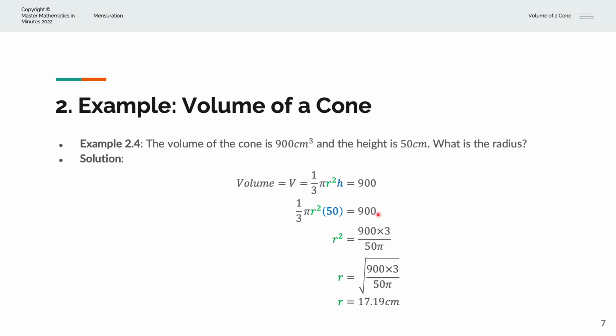We'll copy 900 down. So r squared is equal to 900 multiplied by 3 over 50 pi, and r is equal to the square root of 900 multiplied by 3 over 50 pi. And so we have r is equal to 17.19 centimeters. So visually, we have a cone with a radius of 17.19 centimeters and a height of 50 centimeters.